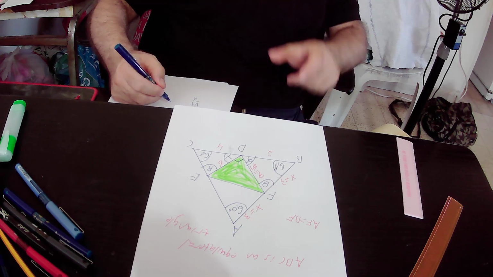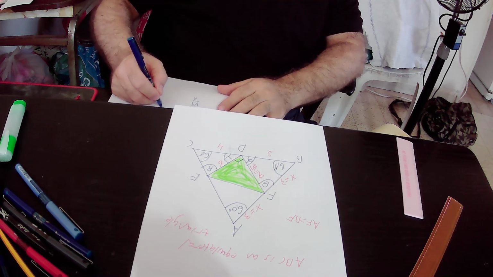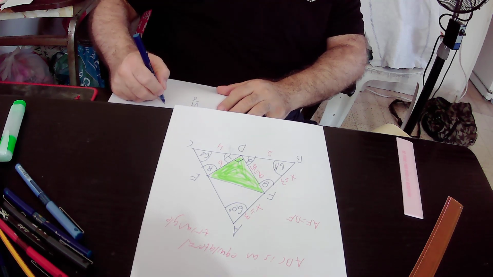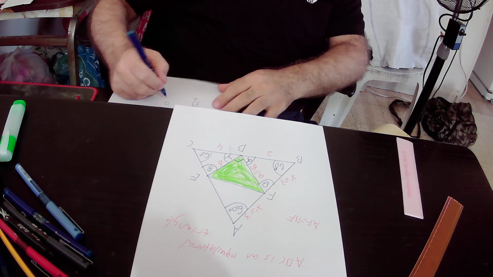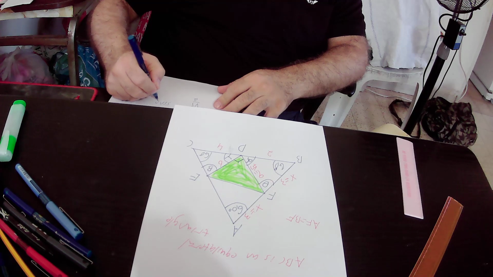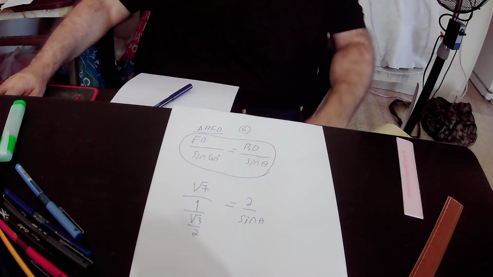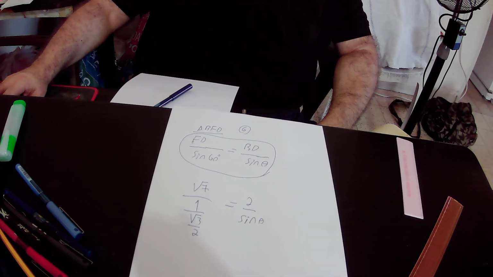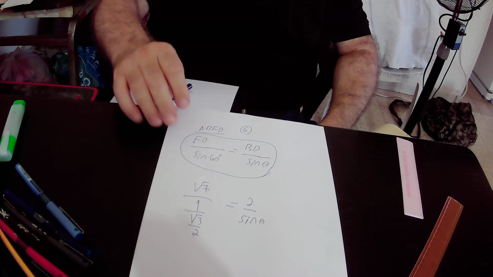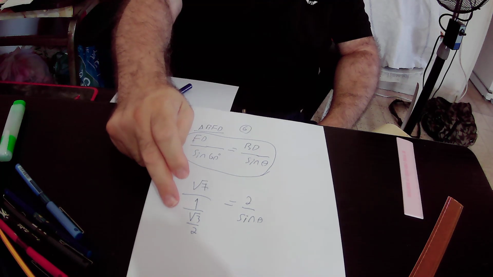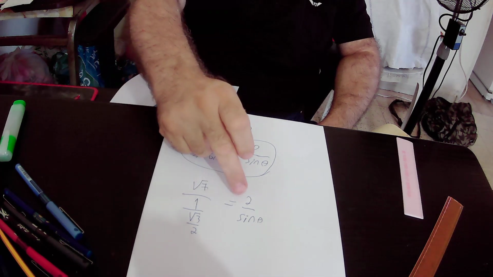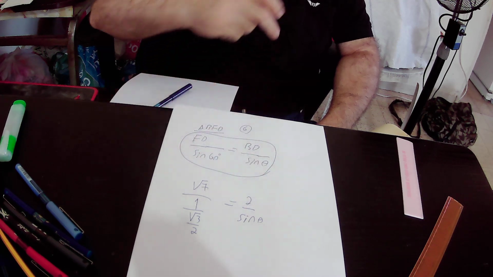And BD equals 2 units, and sinus theta is sinus theta. So in total we got that root of 7 over root of 3 over 2 equals 2 over sinus theta.